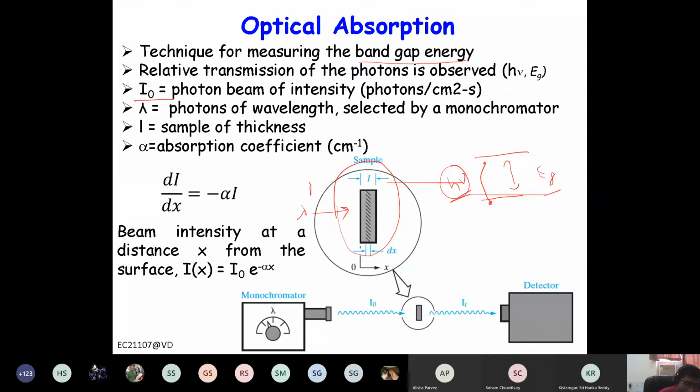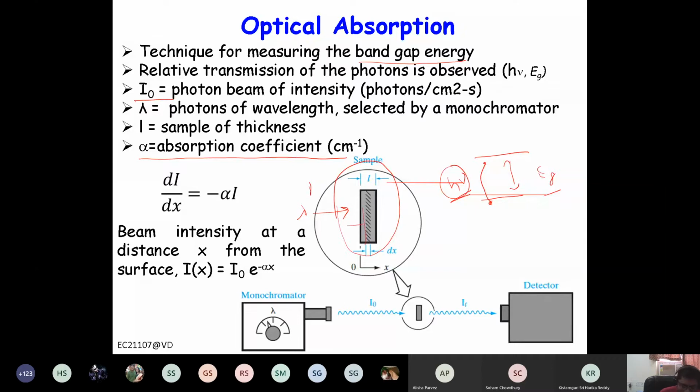Now, if I is the intensity, we also define that alpha is the absorption coefficient. At any cross section of this semiconductor, the intensity will drop with the length x, right?